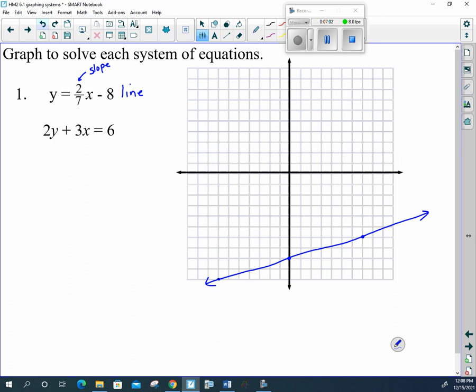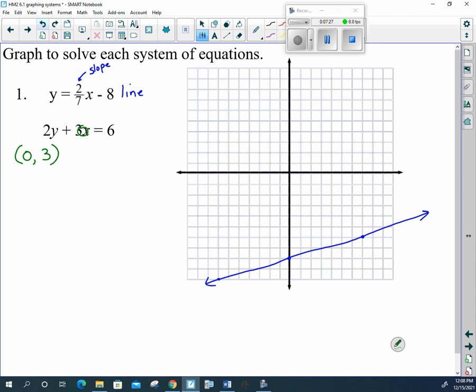And now we'll graph the other line. So you could graph this line right here in the format that it's in using the x and the y intercept, or you could solve it for y and put it in y equals mx plus b, either one. I think I'll show you both. So if I'm going to do intercept, if I put a 0 in for x, I would put a 0 right here, then 2y equals 6, so y equals 3.